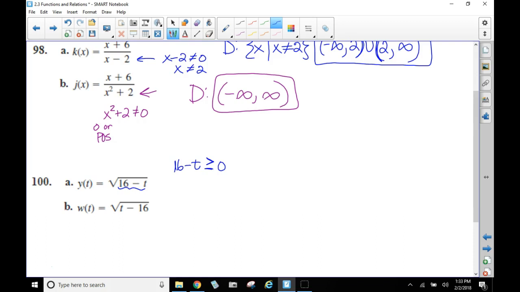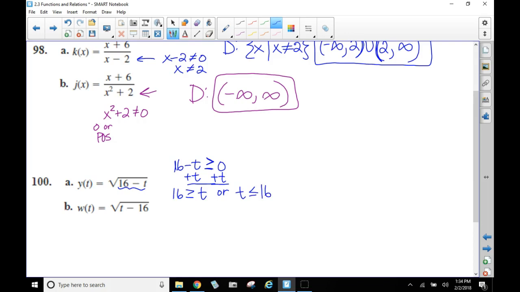Now, if we solve this for t, this was a pretty easy one to solve for t, add t to both sides. We have 16 is greater than or equal to t, and that can also be written as t is less than or equal to 16. Okay?